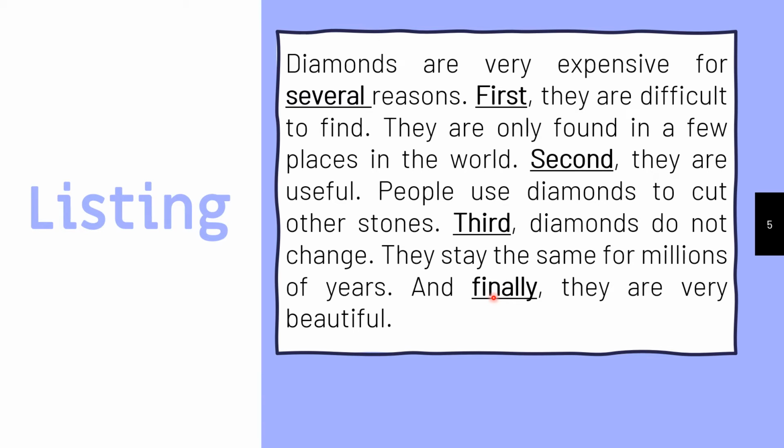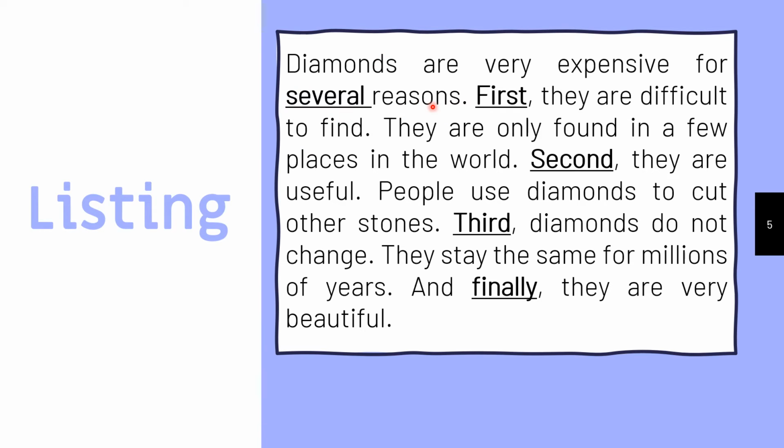Those underlined words are signal words. They tell us about the author's pattern of organization, which is listing. The signal word for this pattern is several. It tells us to look for a list, several reasons.